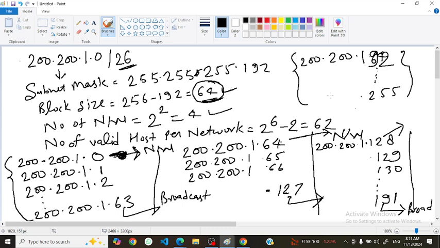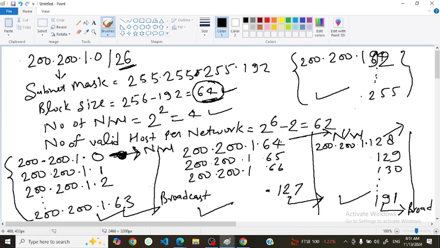So these four are the networks. We calculated the number of networks. The first network will be this one, second network this one, third network this one, and the last one this one. Number of valid hosts per network: here, 0 to 63, total 64, minus 2.